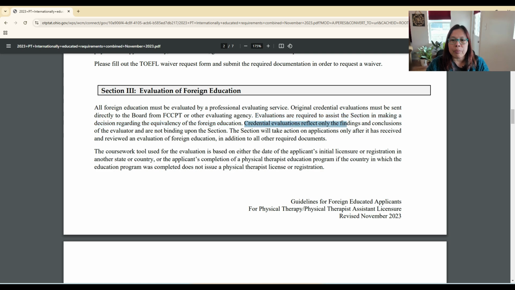Credential evaluations reflect only the findings and conclusions of the evaluator and are not binding upon the section. The section will take action on the applications only after it has received and reviewed an evaluation of foreign education in addition to all other documents.